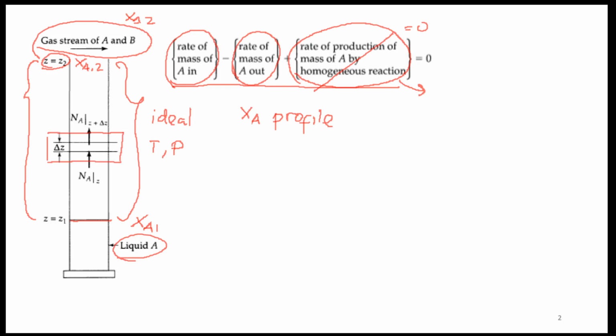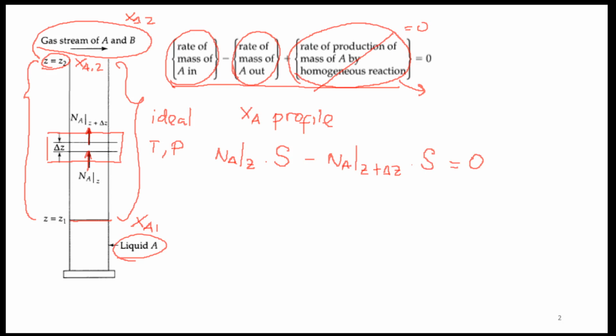So here I have NA in at Z and NA out at Z plus delta Z. So rate of mass of A in is NA at Z times the perpendicular cross section S minus NA at Z plus delta Z, this is the A out, times this perpendicular area, equal to 0.